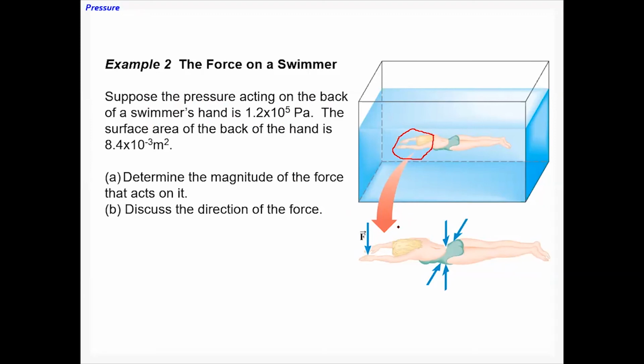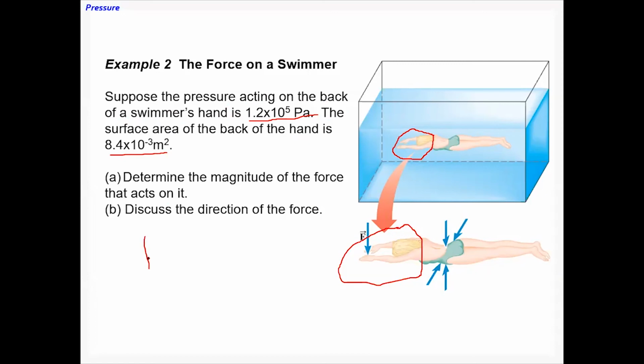If you zoom in, you see it a little bigger. That's the back of the hand. What is the pressure acting on the back of the hand of the swimmer? 1.2 times 10 to the 5 Pascal. The surface area of the back of the hand is 8.4 times 10 to the negative 3 meters squared.